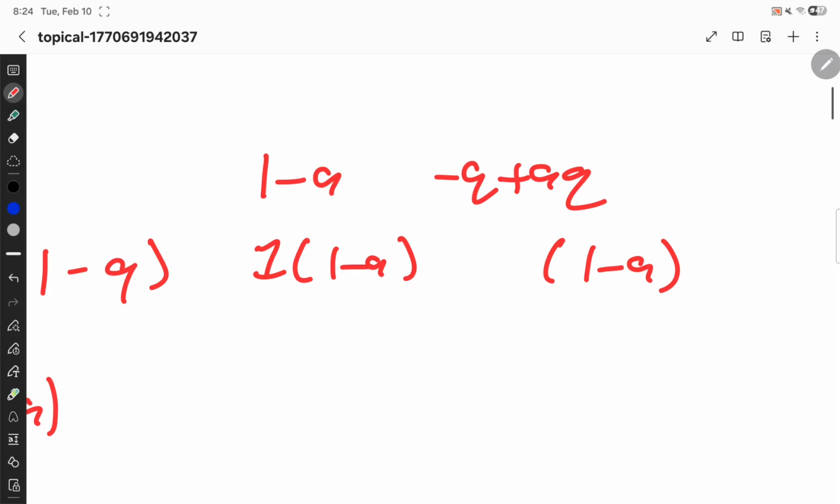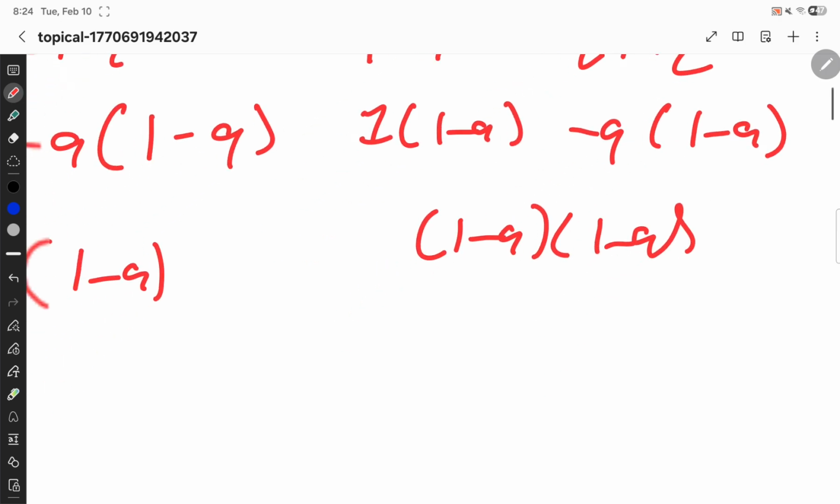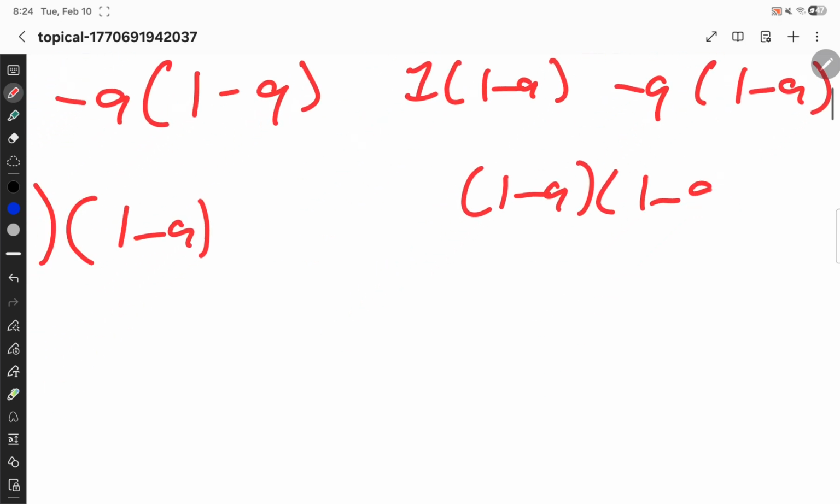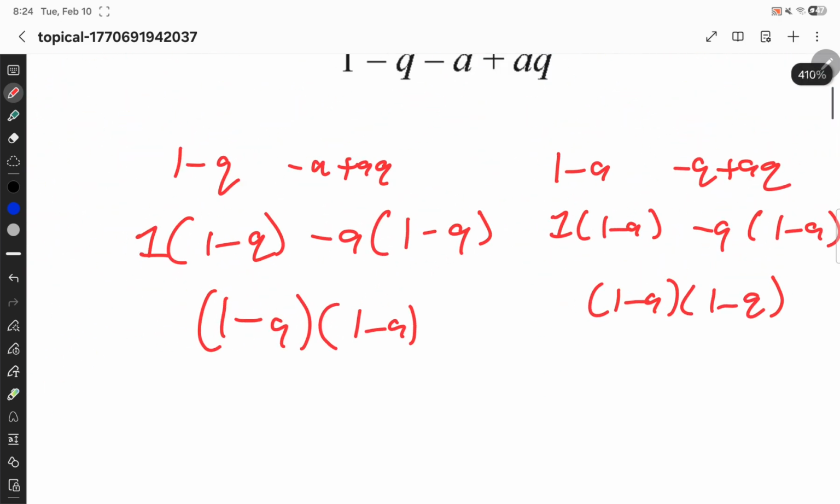Now ask yourself what we have. This is negative q: 1 minus a, 1 minus q. Now our answers are the same because multiplication is commutative, remember. So you can interchange the terms of your answer.